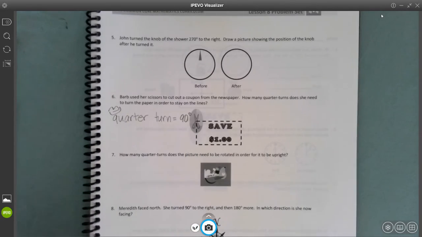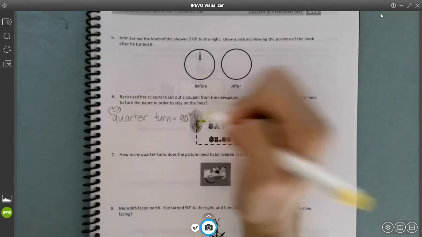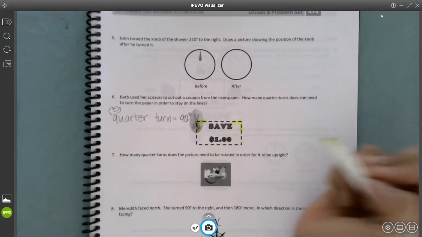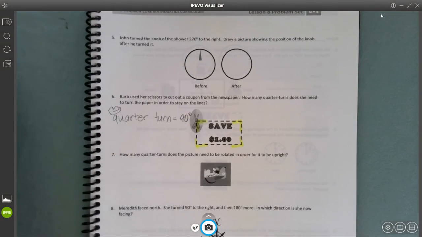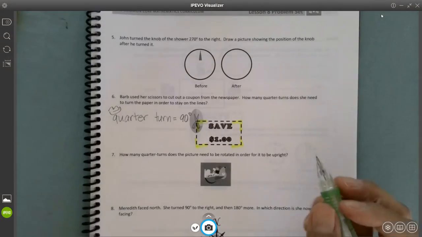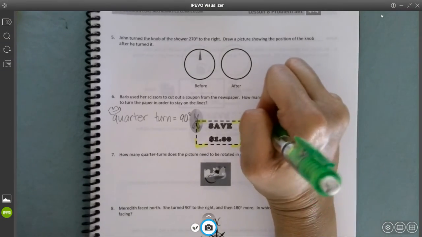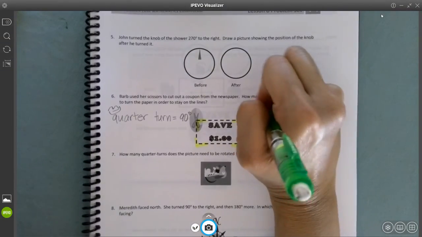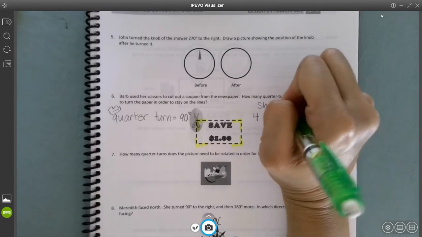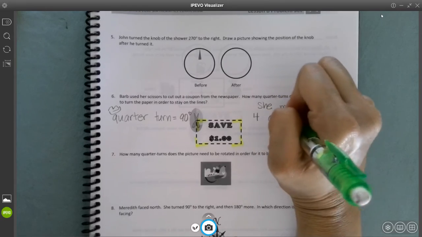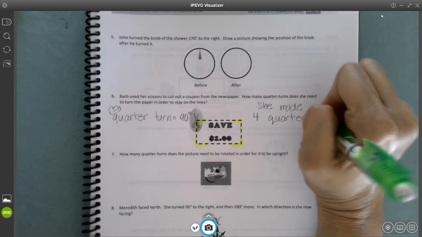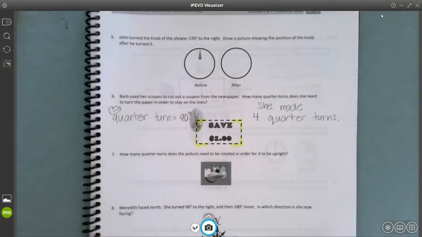So how many did she turn? I'm going to get one of my markers. She turned here. She turned there. She turned there. And she turned there. She made 3 90-degree turns, or four 90-degree turns. So I'm going to say she made 4 quarter turns. Okay.